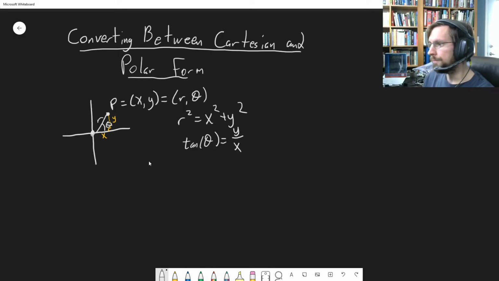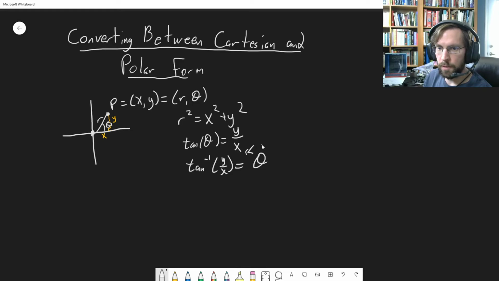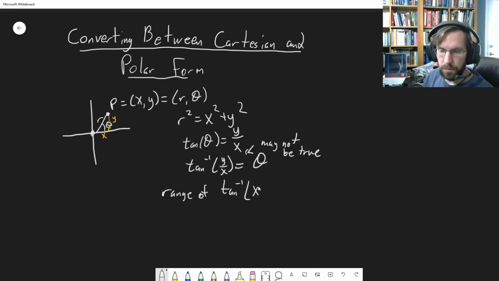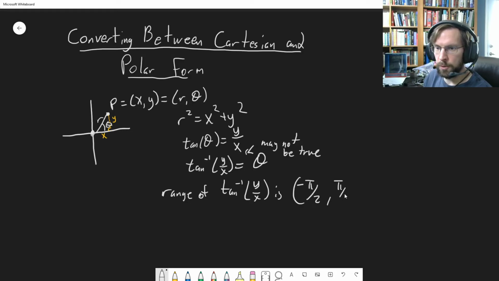And we know that tangent of theta is then y over x using this same triangle. Okay, so something you need to be careful of is that tangent of theta is equal to this, but this does not always mean that tangent inverse of y over x equals theta. That's because the range of tangent inverse is going to be from negative pi over 2 to pi over 2.